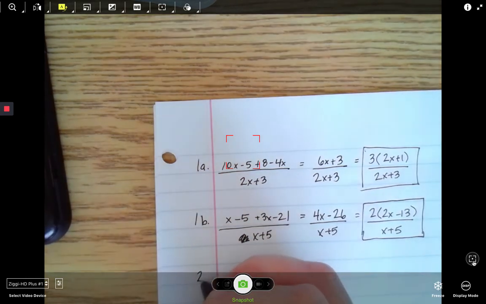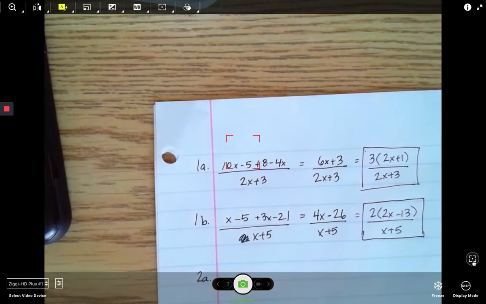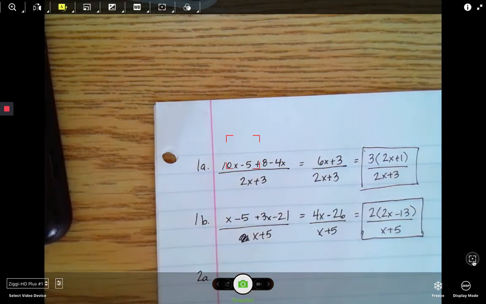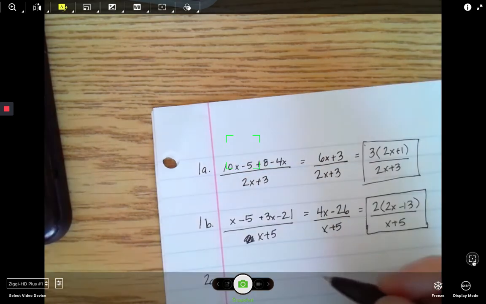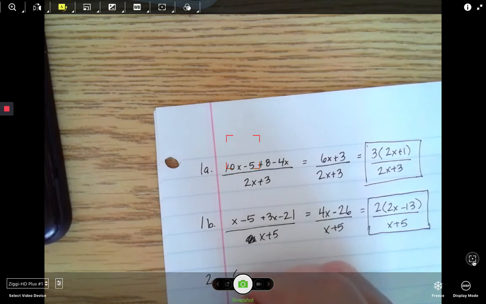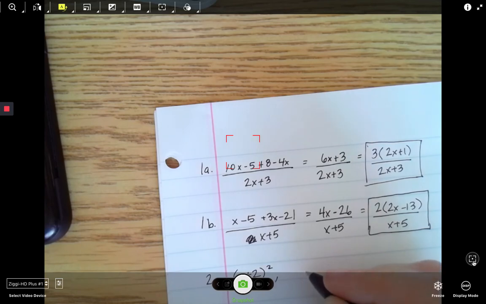All right, 2a. They're just wanting us to find the least common multiple for each set of expressions so that we can get used to finding my common denominator. So the two expressions they give you are x plus 2 squared and x squared plus 5x plus 6.